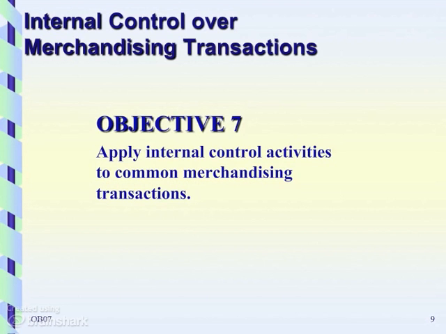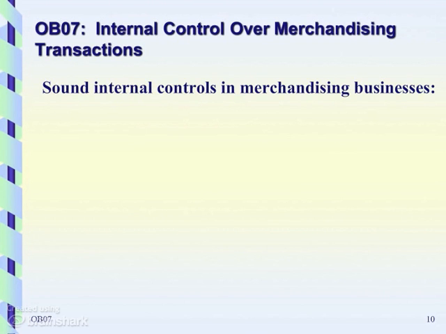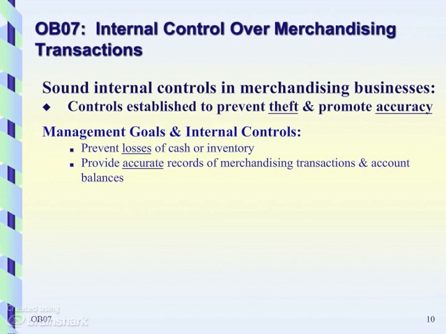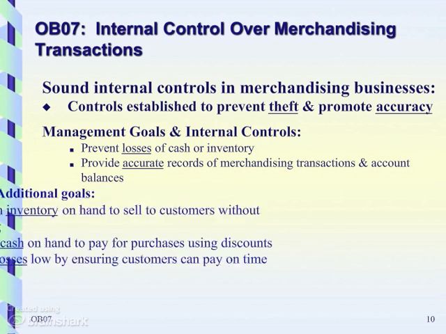In Objective 7, we will discuss applying internal control activities that are common in merchandising transactions. Sound internal controls in a merchandising business are established to prevent theft and promote accuracy. Management goals and internal controls are really to prevent losses of either cash or inventory and provide accurate recording of transactions and account balances.